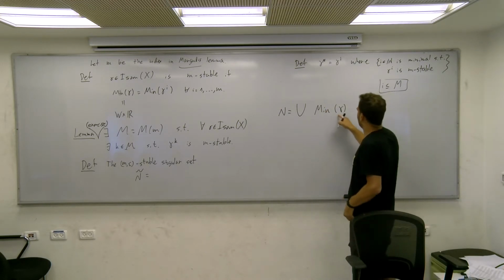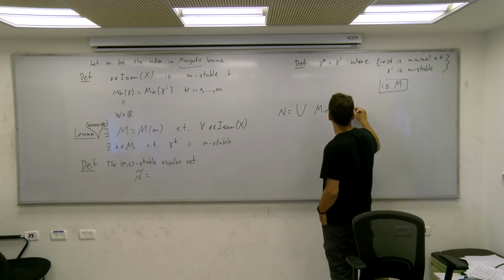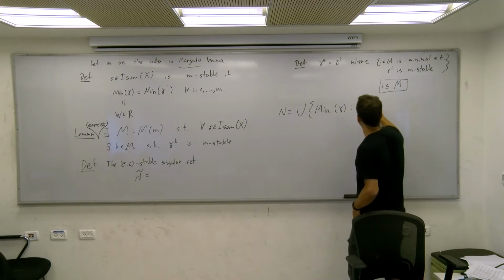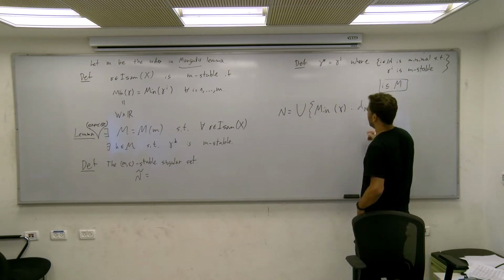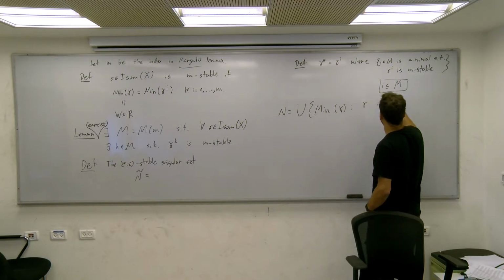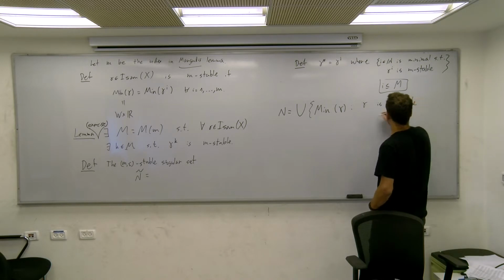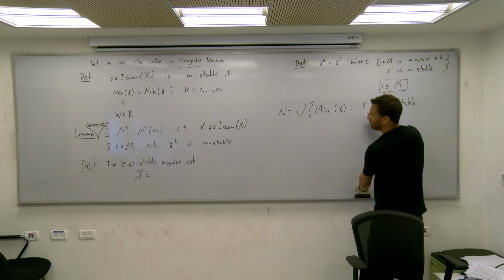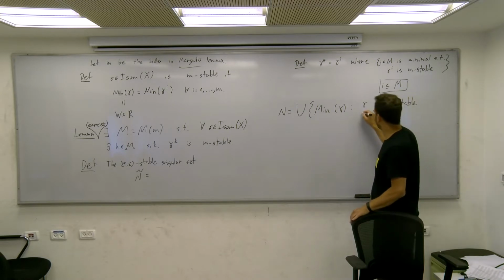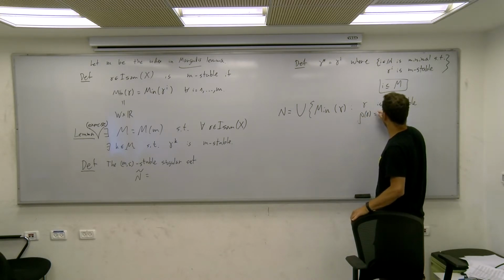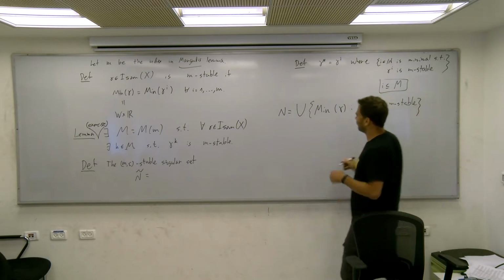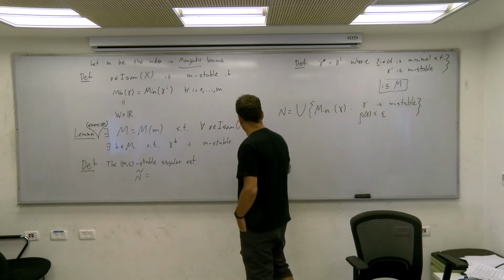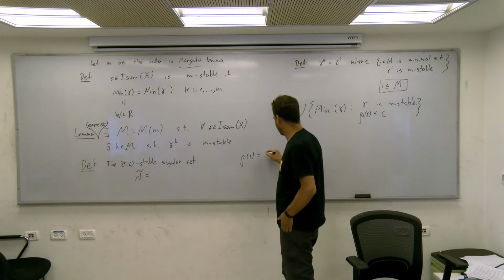So the minimum of all gamma such that, let's say, the displacement of gamma is less than epsilon. Gamma star? No, minimum of all gamma such that gamma is m stable, and the infimum of the displacement of gamma, we had some notation for it, the norm, or how do we call it, rho of gamma, which is less than epsilon. So rho of gamma was the norm, or the spectral radius, or whatever.